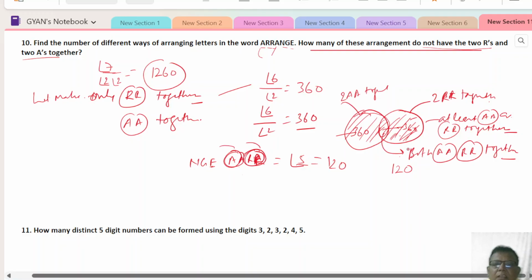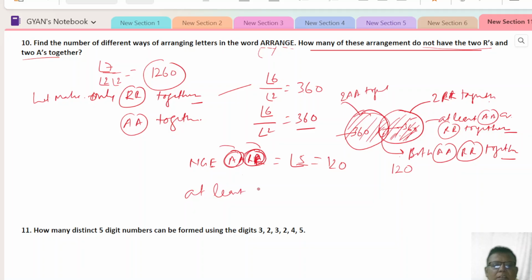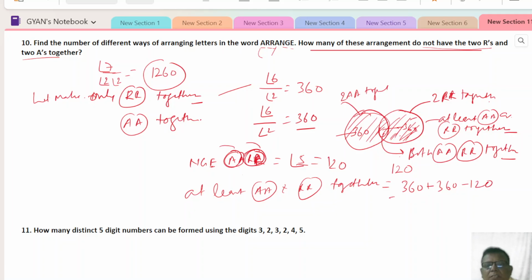So at least AA or RR together is equal to how much? 360 plus 360 minus 120. So that is 720 minus 120 is 600.